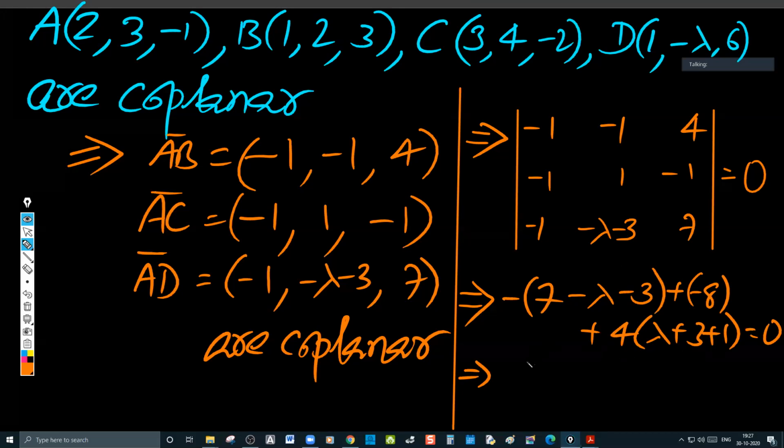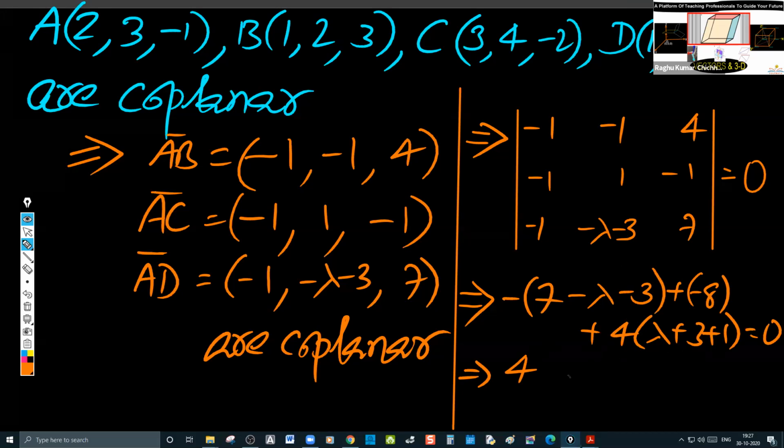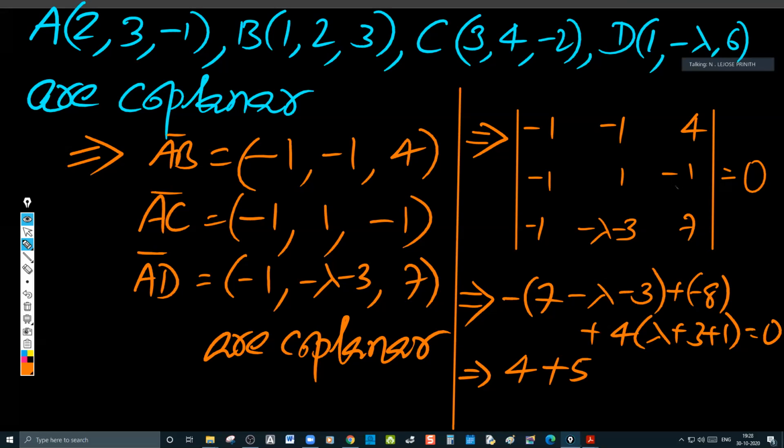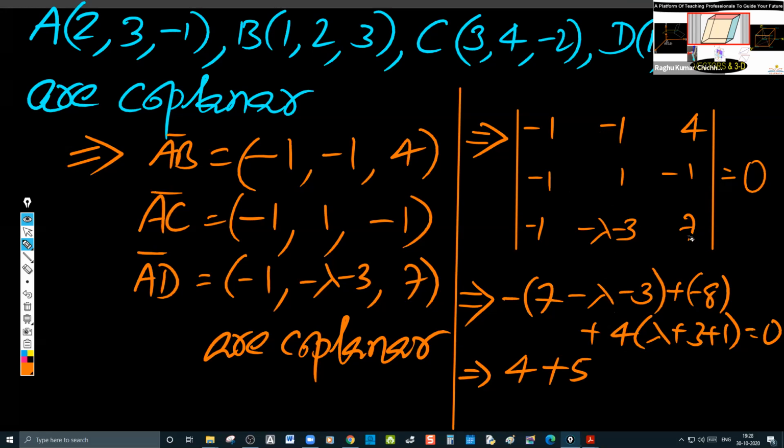And it is lambda plus 4 lambda, 5 lambda. I'm getting a different answer. Kaushik, lambda plus 4. Anyway, I have to check the simplification also once. Pranit, just check it out. Minus lambda minus 3, and it is plus 1 into -7, -1, -8, correct. And here it is plus 4 into lambda plus 3 plus 1.